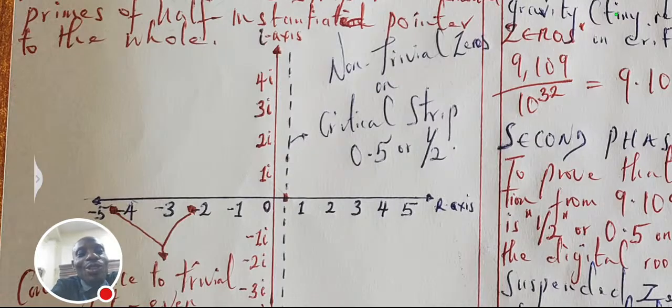So now we're going to actually generate more than 10 trillion zeros in this solution. You understand?